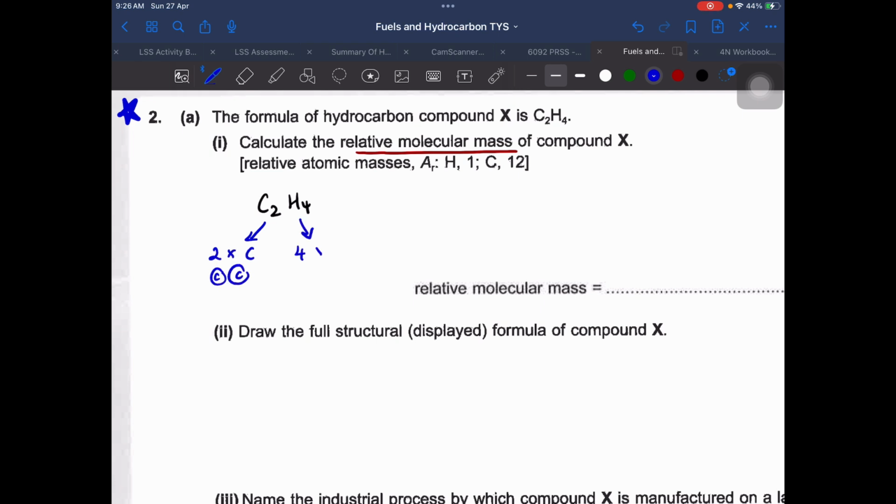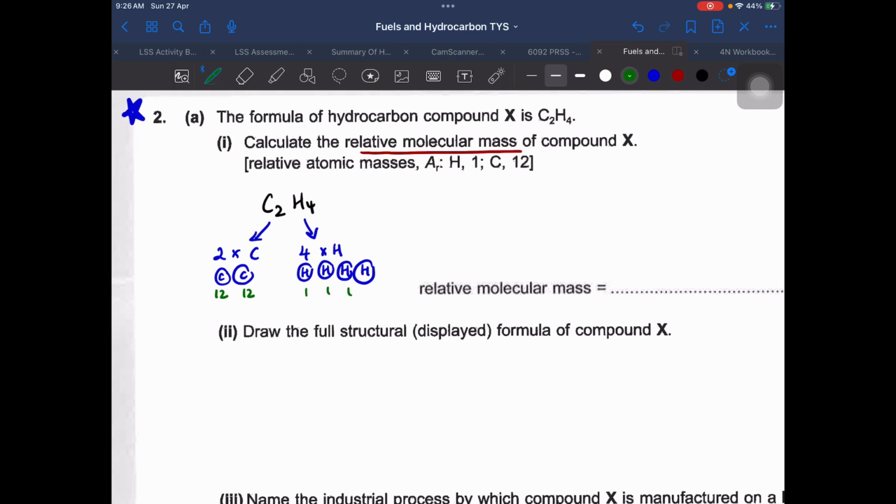H4 would mean that there's 4 of the hydrogen, which means H, H, H, and H. This will in turn give me a mass of 12, 12, 1, 1, 1, 1. So in this question here, the Mr will be equivalent to 2 times 12 plus 4 times 1, and you'll end up with 28.